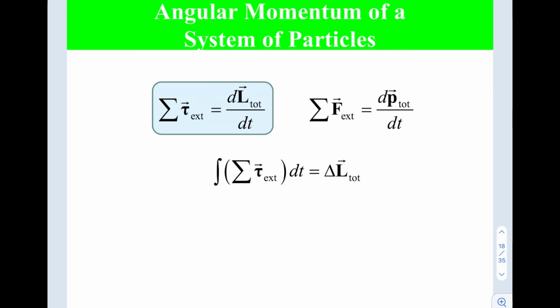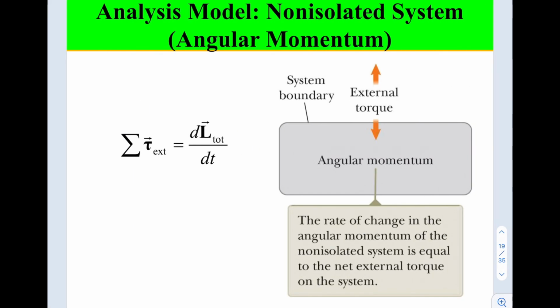We have the sum of torque external equivalent to dL total over dt, which is an analogy to the sum of F external equivalent to dP total over dt. We can rearrange this formula into the integration of the sum of torque external dt, equivalent to delta L total.